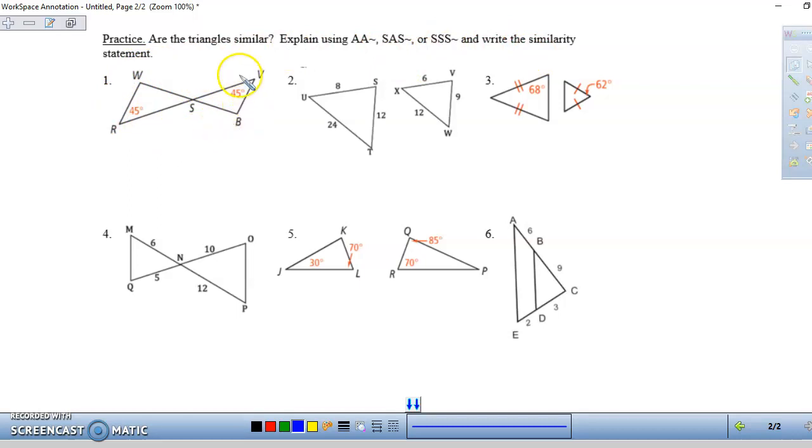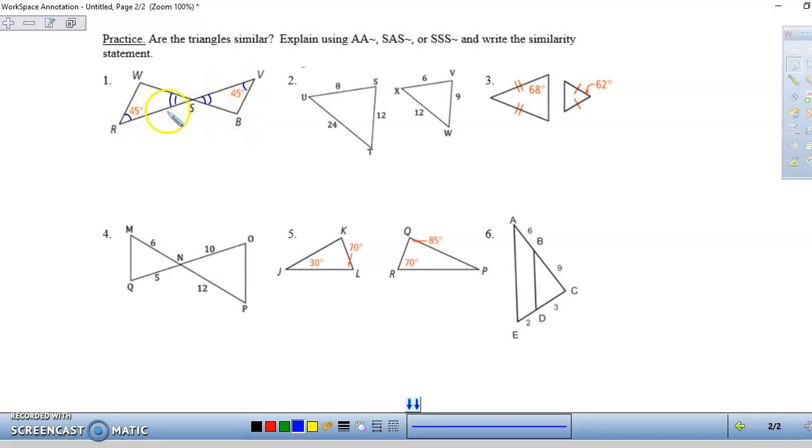So number 1, we have 45 degrees, so I can mark those here and here. I have no side lengths given to me. So it's definitely not side, angle, side, or side, side, side. So we're seeing if it could be angle, angle. And you have to remember you can also mark vertical angles like we did in the past.